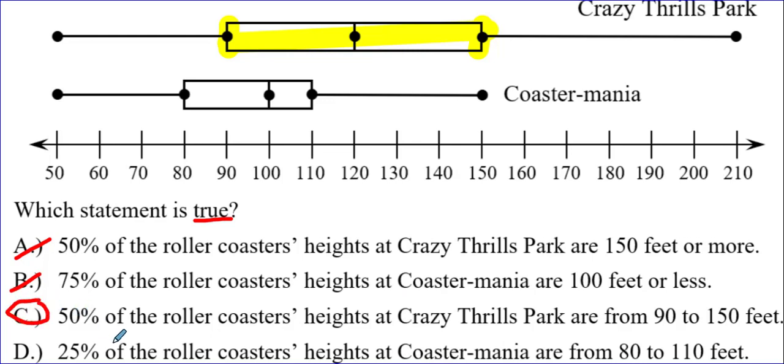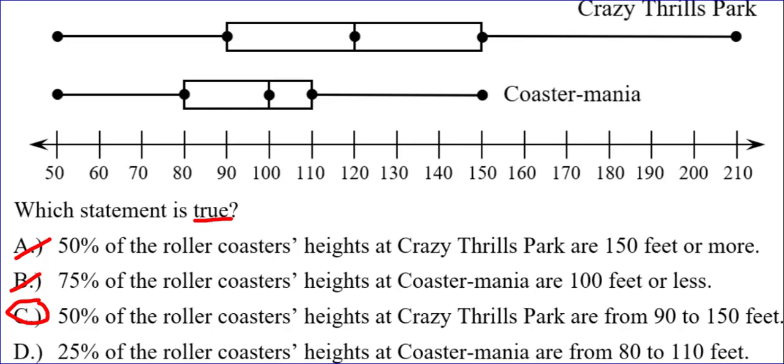So I would recommend continuing to choice D, because if choice D ends up being right, then that means we messed up or misread something on choice C. So don't stop too early. Check out choice D. 25% of the roller coasters at Coaster Mania, okay, so that's the second graph, are from 80 to 110 feet.